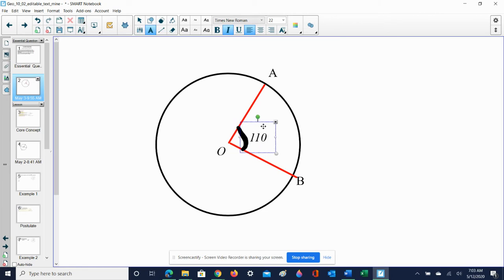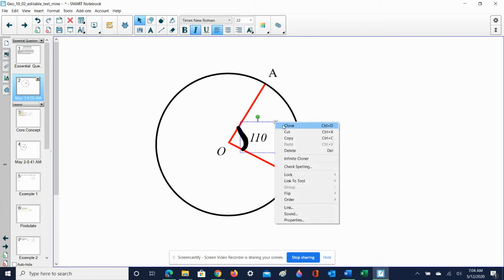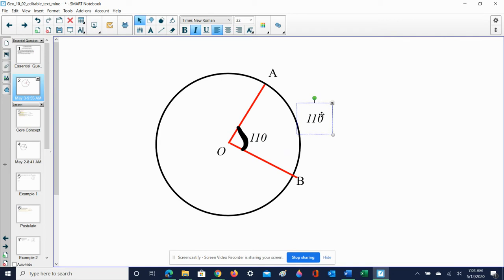Right? So the measure of angle AOB is 110 degrees. That means that this arc is also 110 degrees.